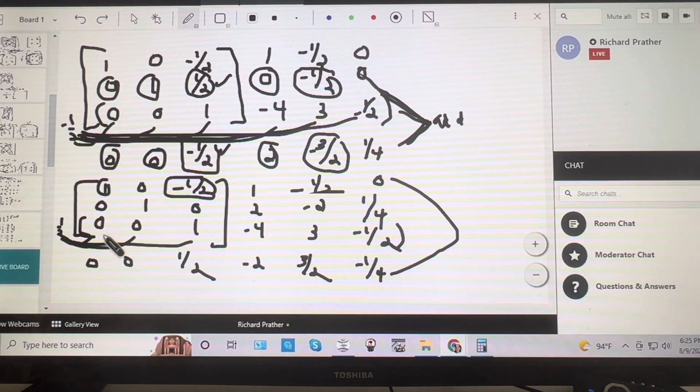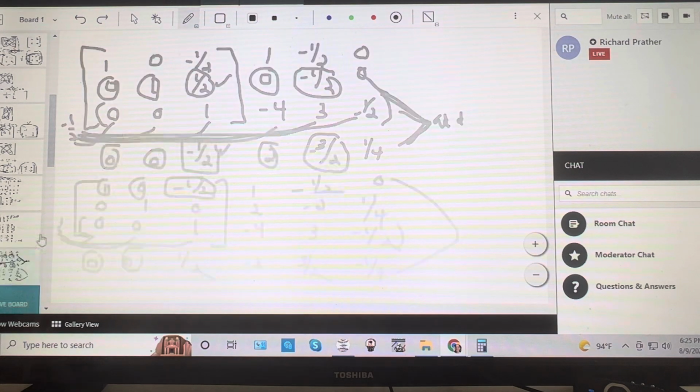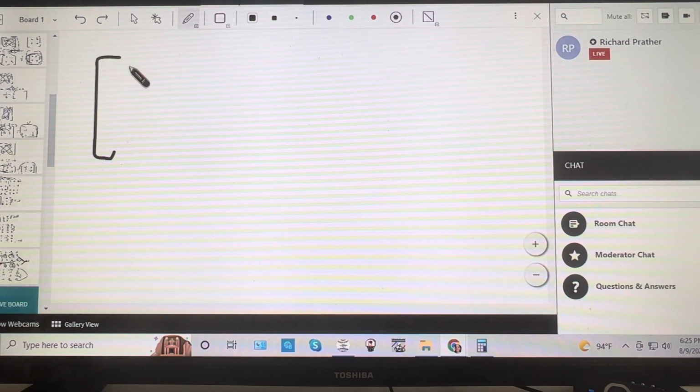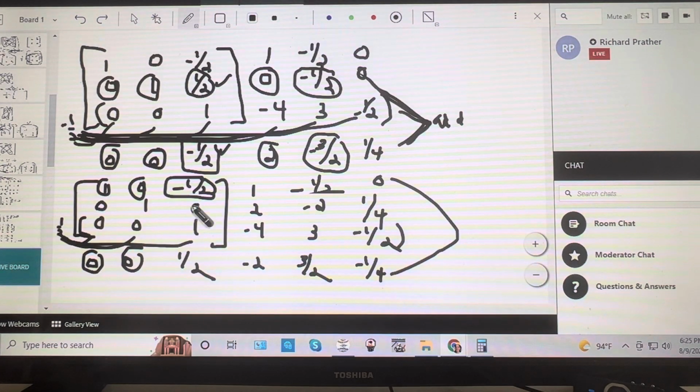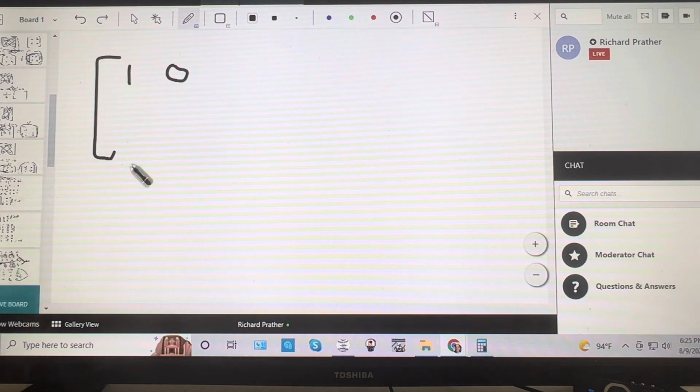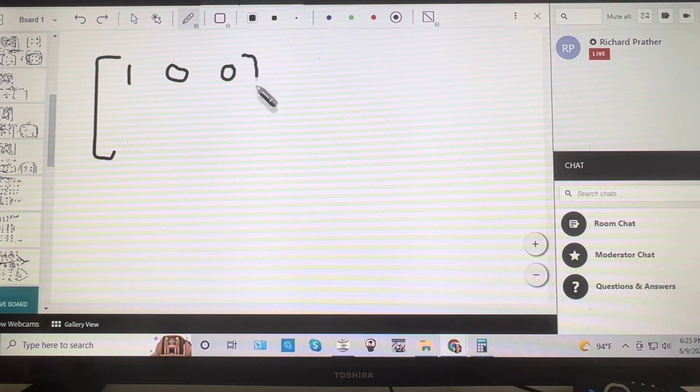So 1 plus 0, this is the new first row. 1 plus 0 is 1, and 0 plus 0 is 0. Notice those two didn't change. So I've got 1 and 0. They never change once they become 1s and 0s. And then here's what I wanted. Negative 1/2 plus 1/2. That'll give me a 0 there in that slot. That's what we wanted.